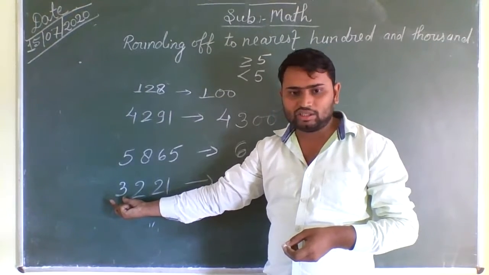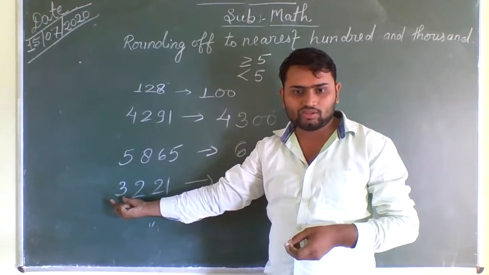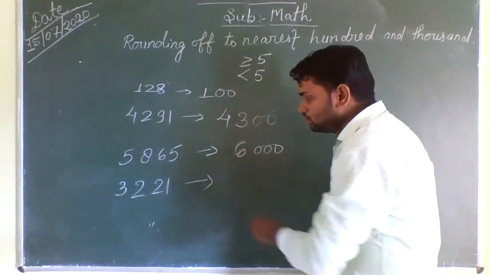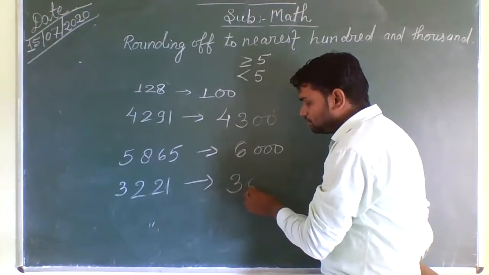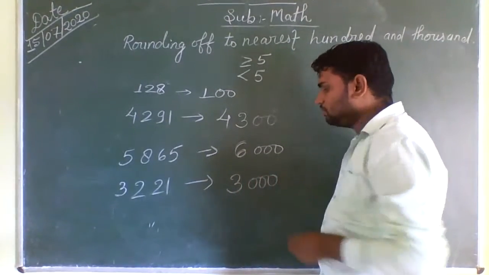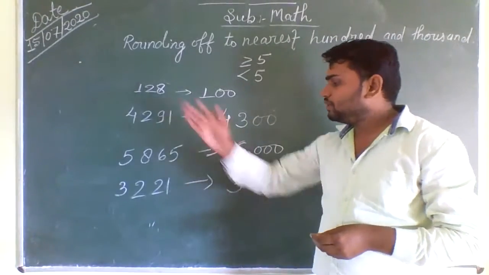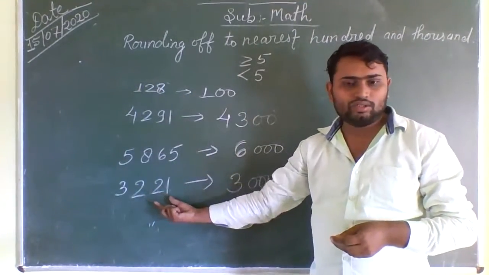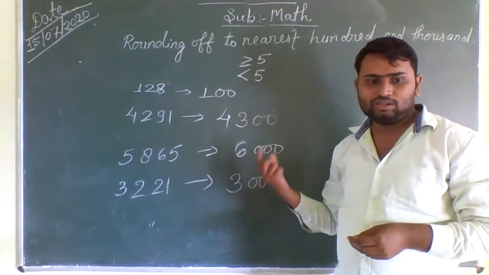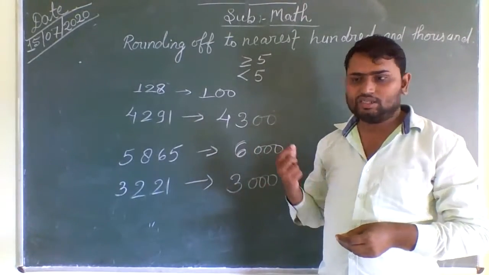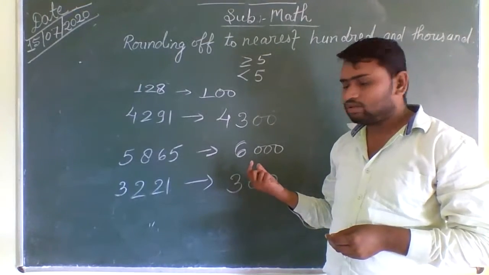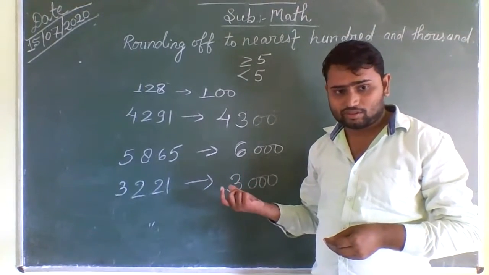It will be written as it is, so it will be 3, and after that you will put 3 zeros. So it will become 3,000. The nearest thousand of 3,221 will be 3,000. This is the way we can find the nearest thousand of any given number.